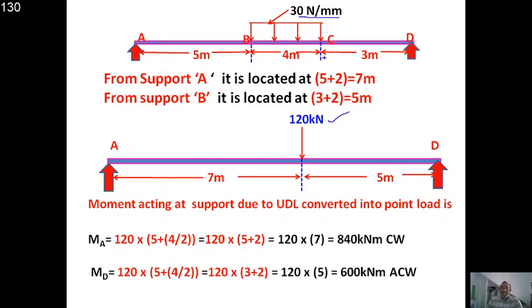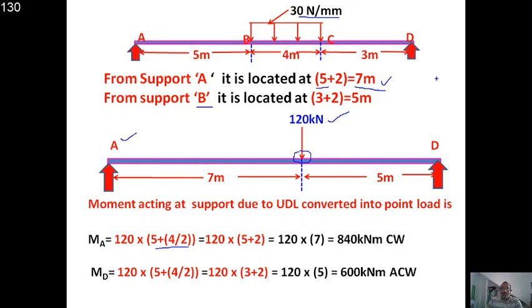So this is equivalent to 120 kilonewtons, and its acting position is 7 meters from support A, because 5 plus 4/2, therefore 7 meters, right?